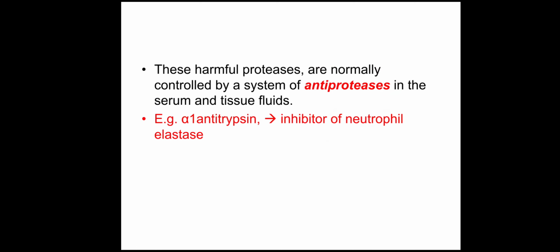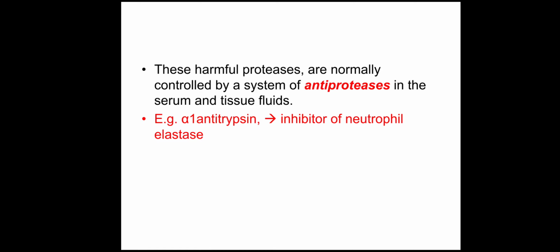These proteases will help in the killing of microbe, and all these proteases are controlled by certain anti-proteases which are present in the serum and tissue fluids, like alpha-1 antitrypsin. These will inhibit the neutrophil elastase and prevent damage to the normal tissue in the body.